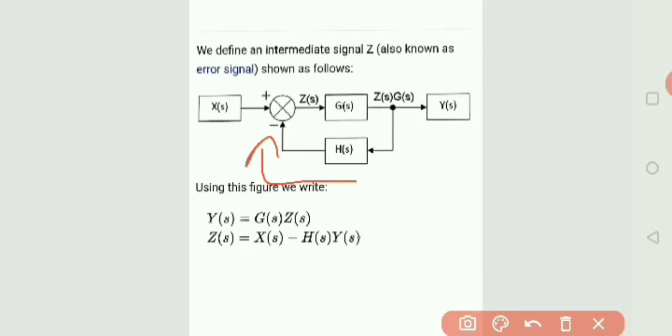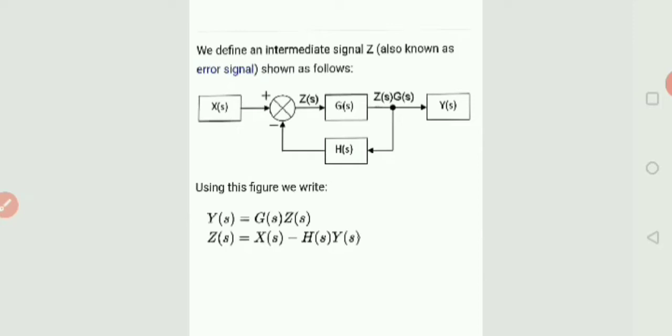Now we want the transfer function, and we need to get it using the ratio of output Y(s) upon input X(s). So how can we get Y(s) upon X(s)?